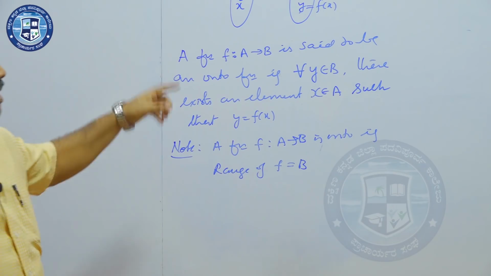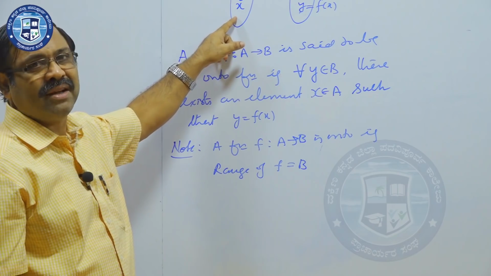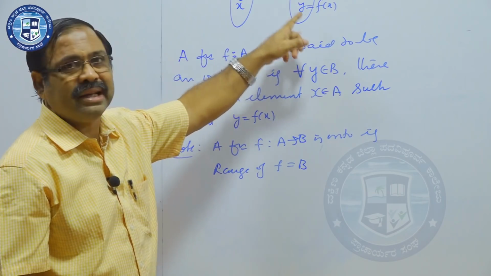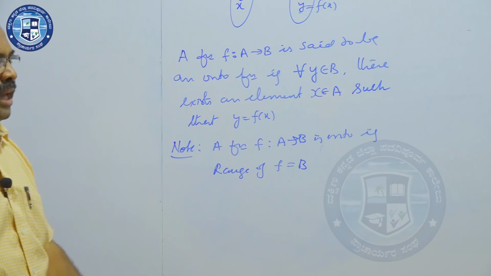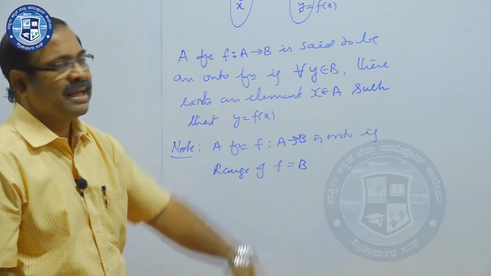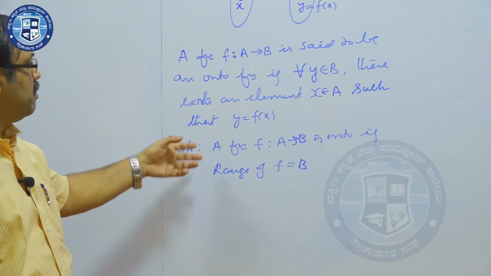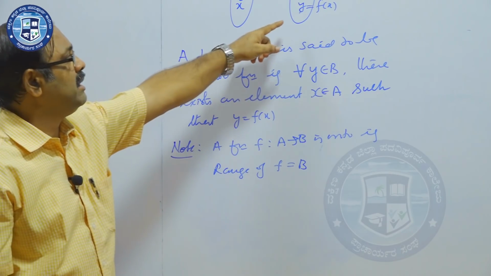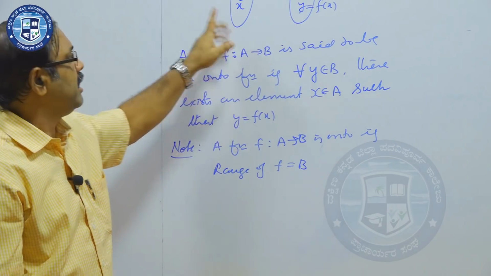A function is one-to-one if distinct elements of set A have distinct images in set B, whereas onto means all the elements of set B are images.